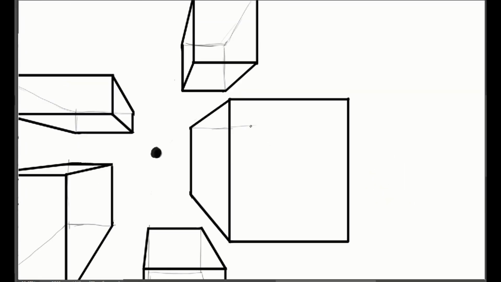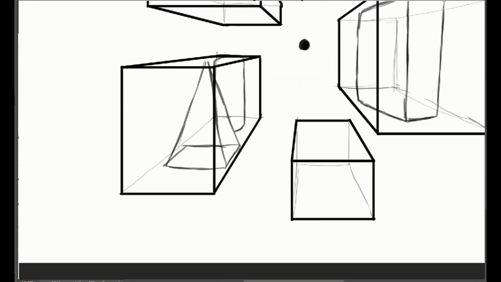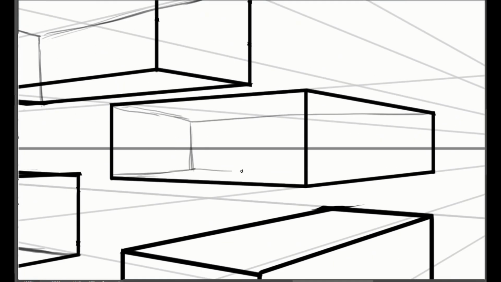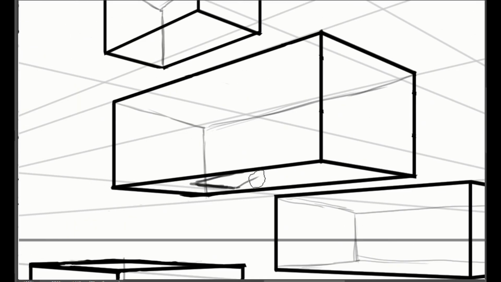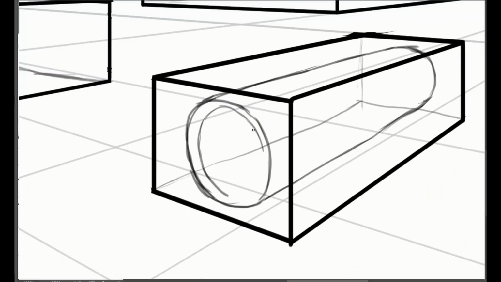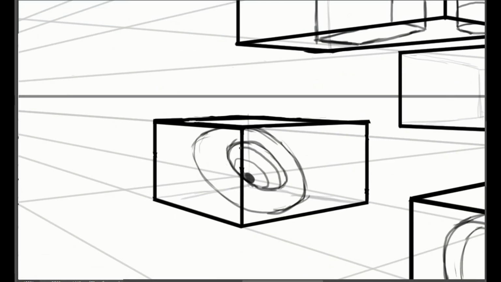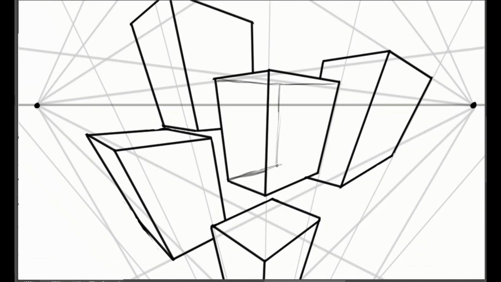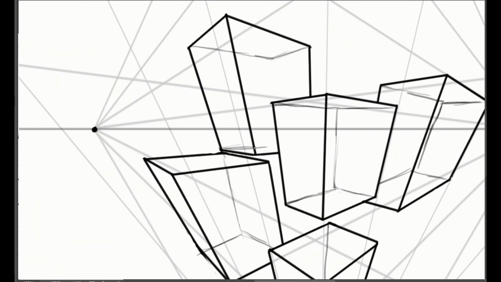Draw other 3D shapes inside these boxes. You can draw other boxes inside the box. You can draw cones, pyramids inside the box. You can draw cylinders or even spheres. Just make sure with cylinders or spheres, whatever 3D object has a curved surface, draw contour lines so that you can see how curved this surface is.